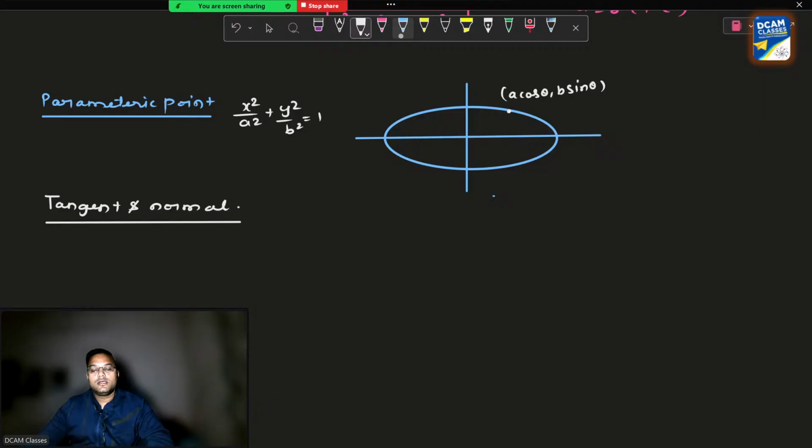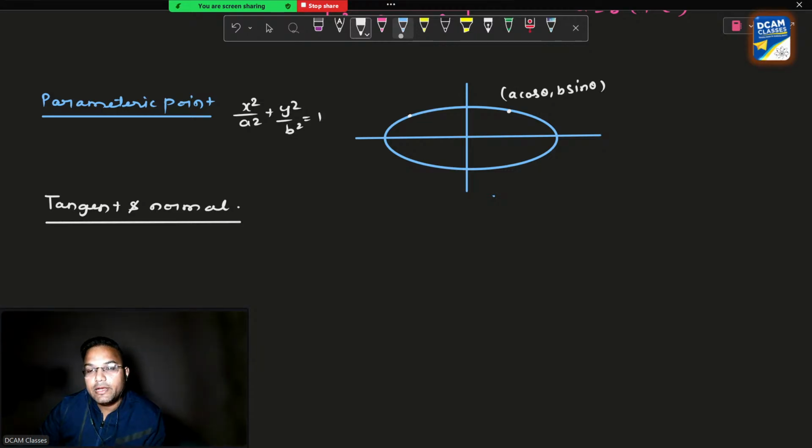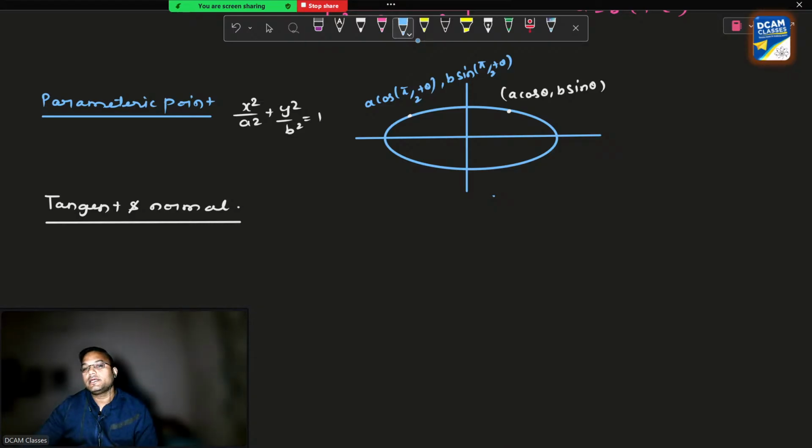Now someone will say, sir, why not a sin theta, b cos theta? You can take that also. Because in a similar way, you can take a cos of pi by 2 plus theta comma b sin of pi by 2 plus theta. That also will work; then cos theta will become sin theta and sin theta will become cos theta, it doesn't matter.